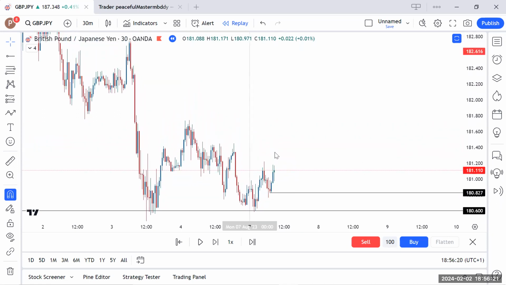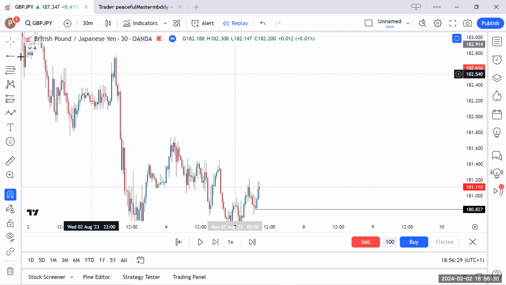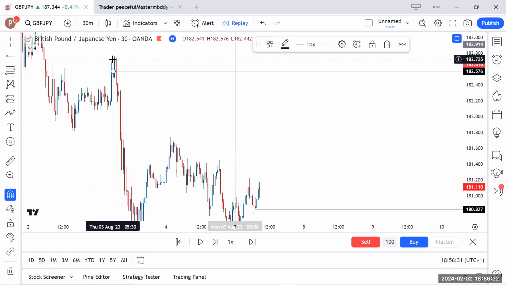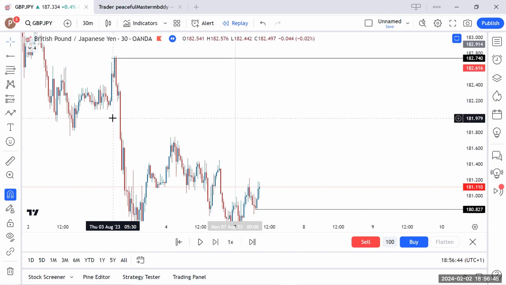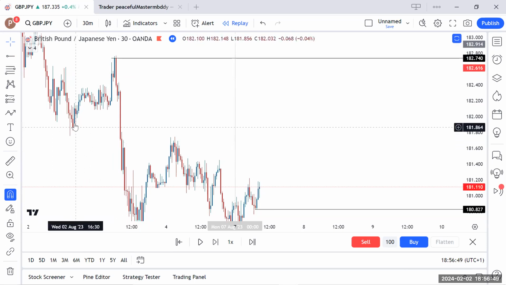So like I said, now price will tap into every order that is required to push price to the next supply zone, right? This is a valid supply zone because this is an area where price reacted, where price created a sell to the downside and broke structure, broke this previous demand, right?